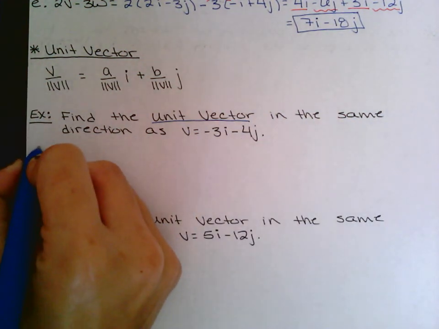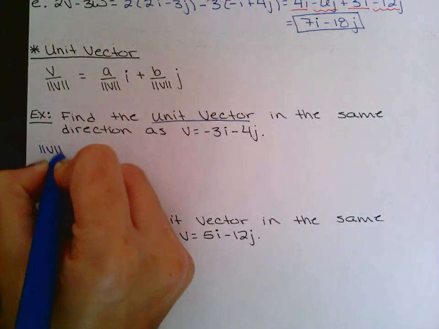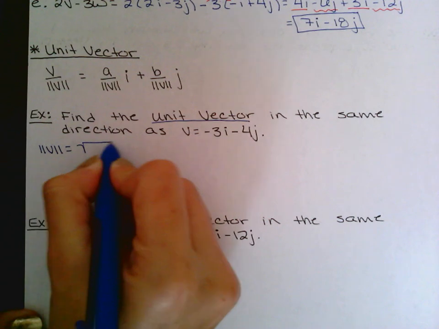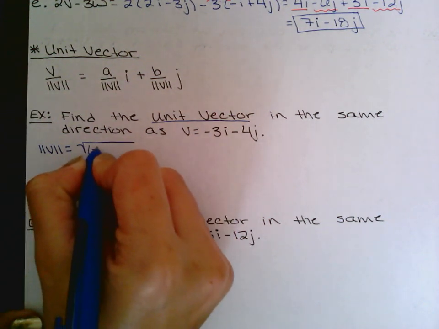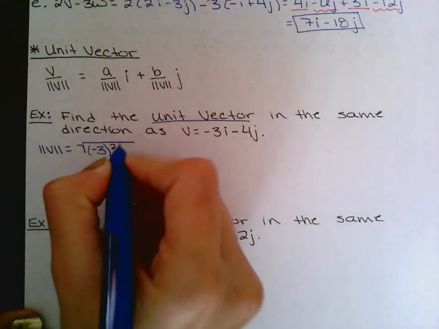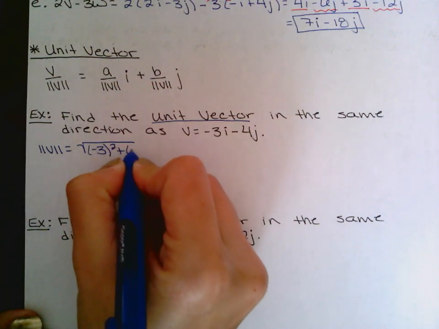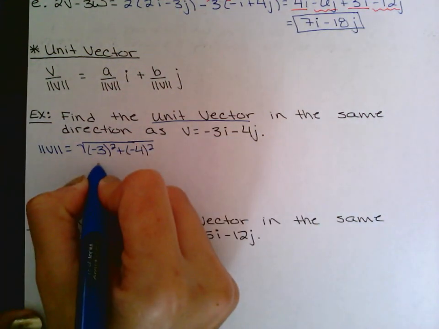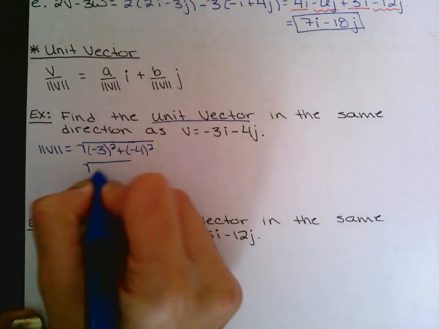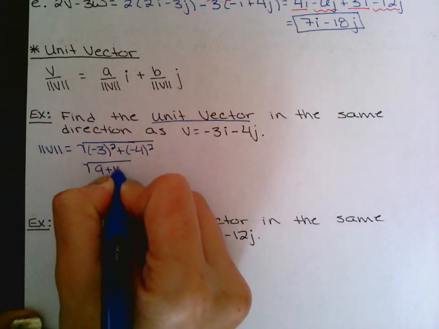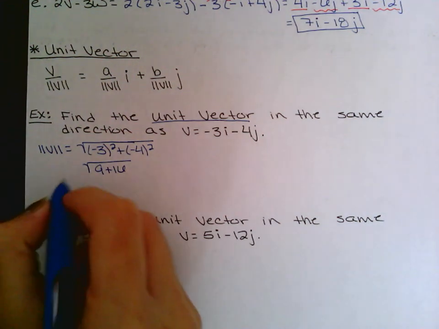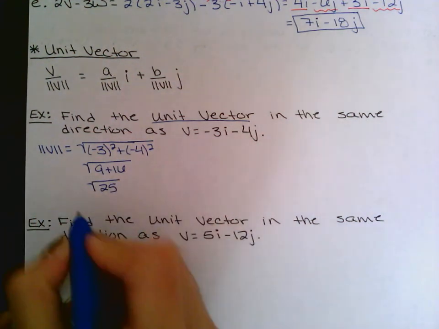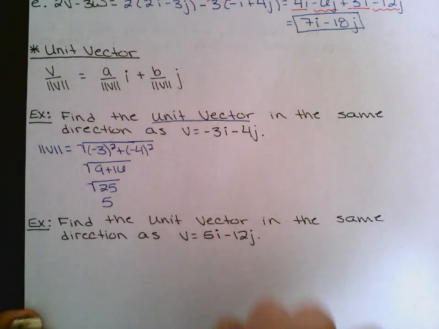Again, we said step 1 was to find the magnitude. This is in standard notation, very easy, just Pythagorean. The a squared plus the b squared. All right, so we end up with square root of 9 plus 16, which gives me square root of 25, which cleans up to 5.